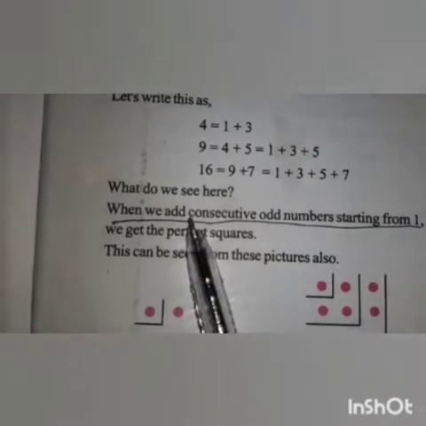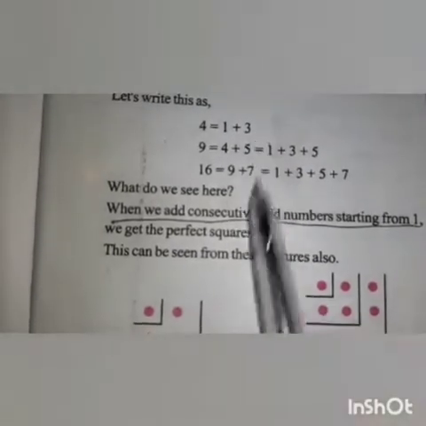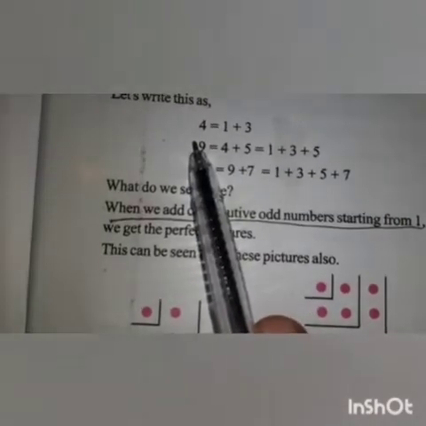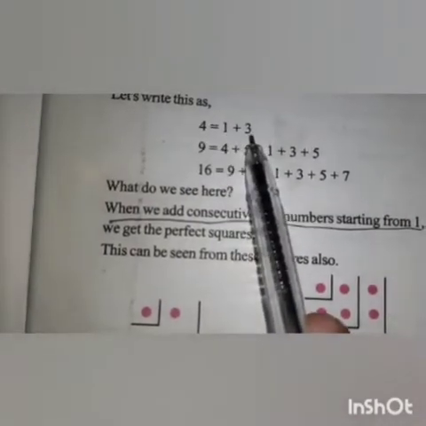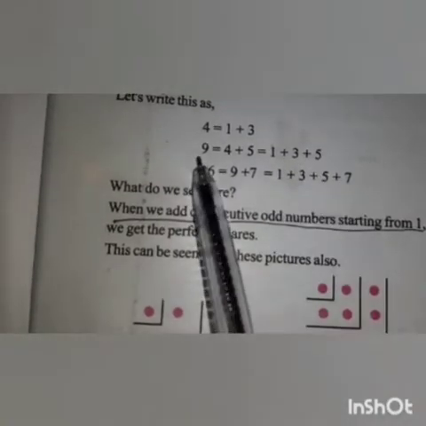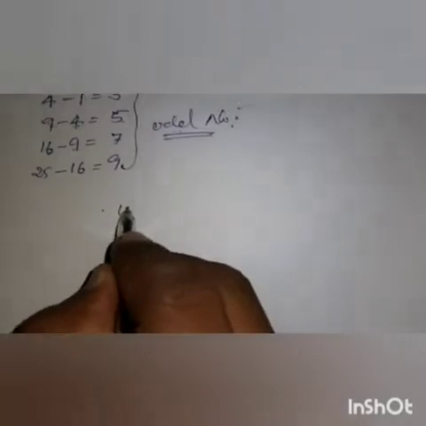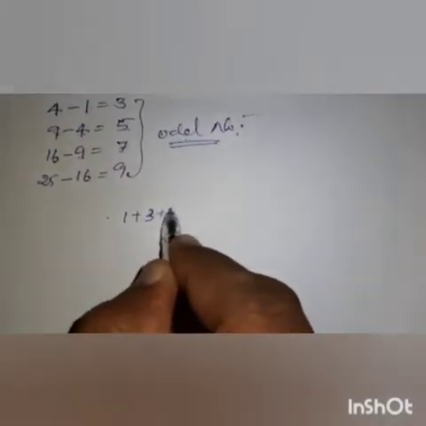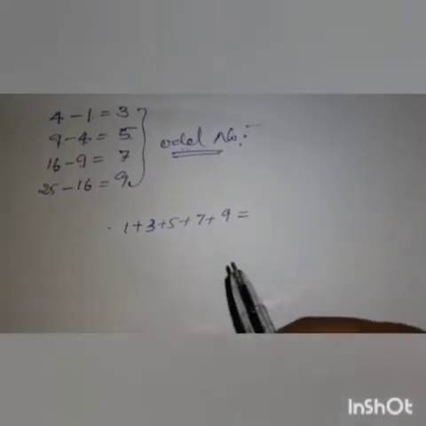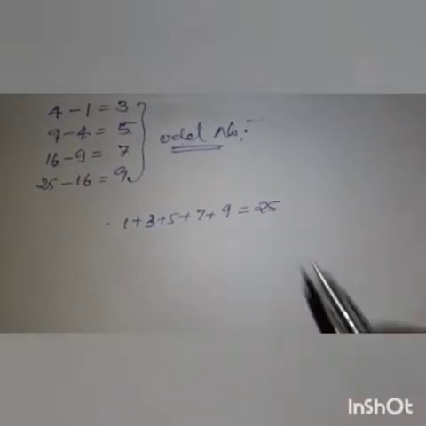So when we add consecutive odd numbers starting from 1, we get perfect squares. 1 plus 3, it is 4. 1 plus 3 plus 5, how much are you getting? 9. 1 plus 3 plus 5 plus 7, you are getting 16. The next number is 1 plus 3 plus 5 plus 7 plus 9, how much are you getting? 25.